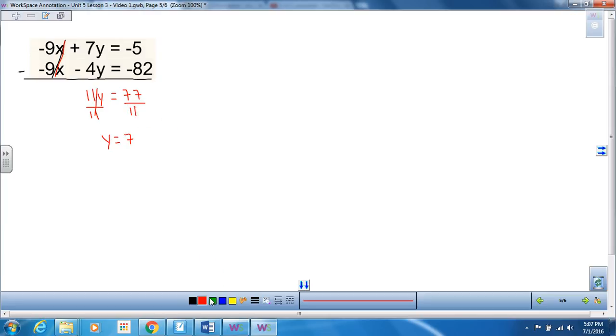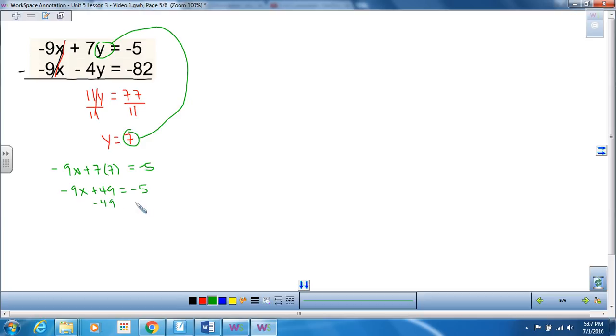Now take 7 and plug that back into one of the originals, and it's y equals 7, so I'm plugging it in for y. So negative 9x plus 49 equals negative 5.